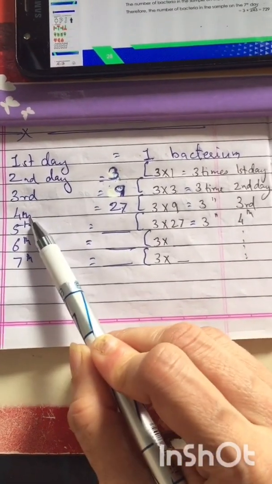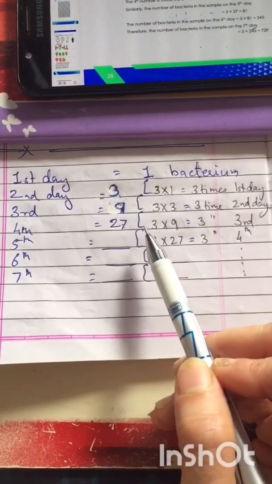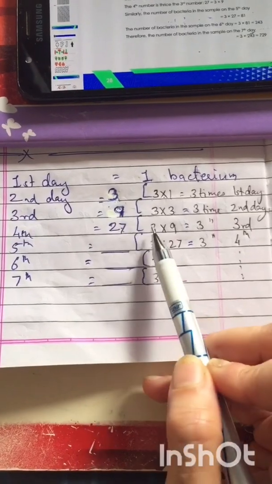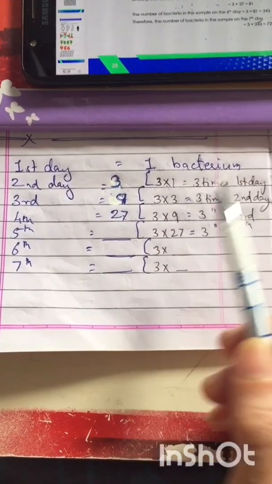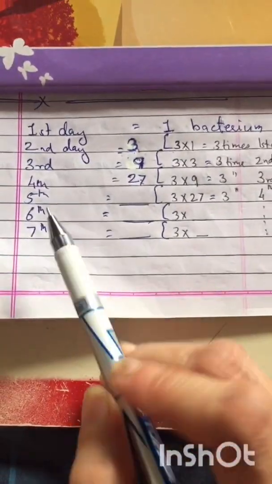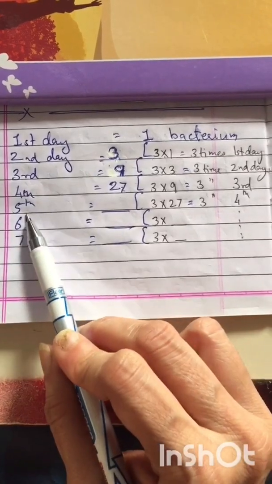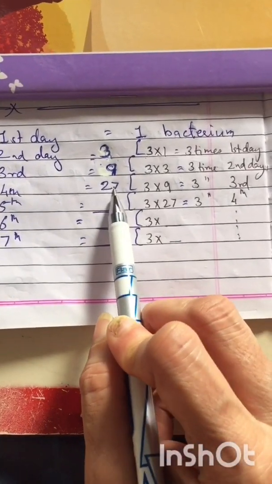On the fourth day again it is increased 3 times the previous day. The previous day was 9, so it is increased 3 times the previous day. Now on the fifth day it will increase 3 times the previous day.